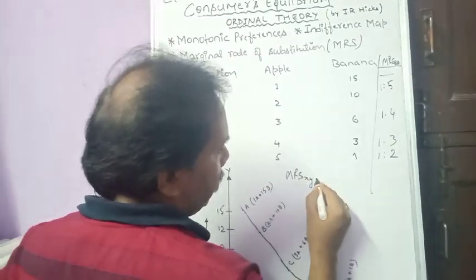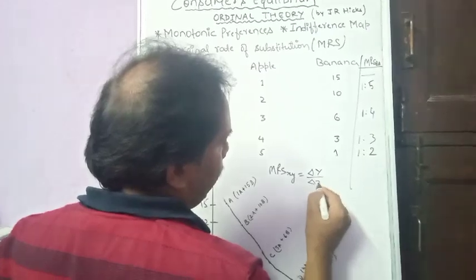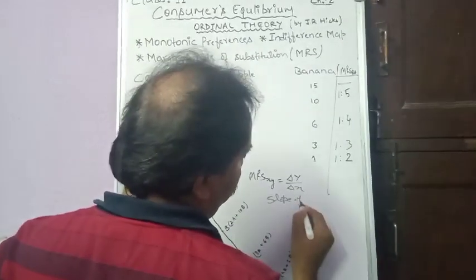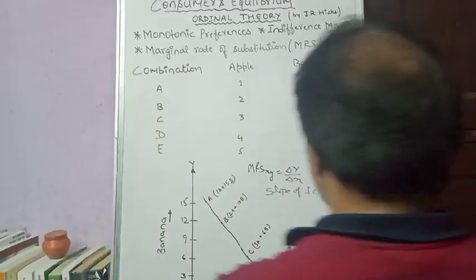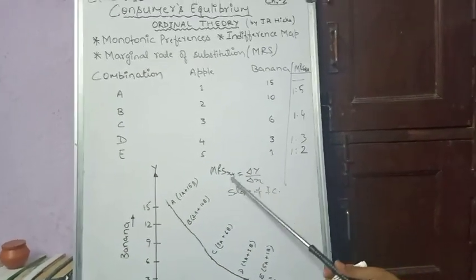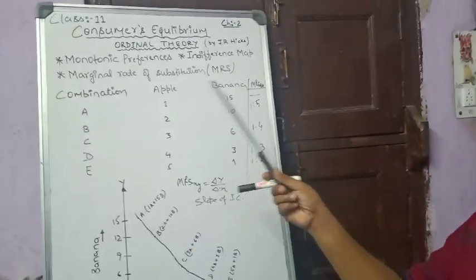MRS_XY is equal to delta Y by delta X. It is known as the slope of IC. It also indicates the slope of IC. Here I have taken X and Y commodities, but in the schedule they are apple and banana.